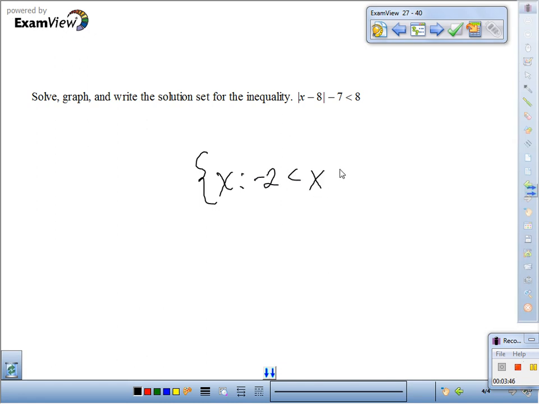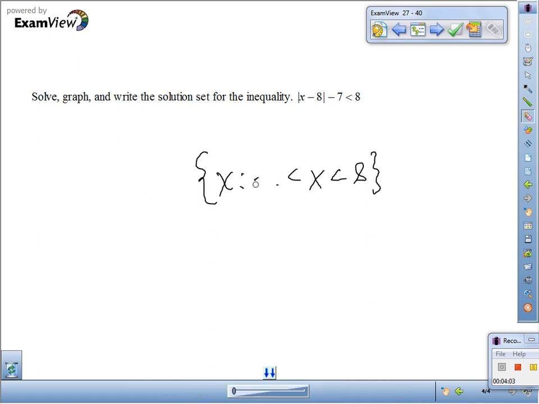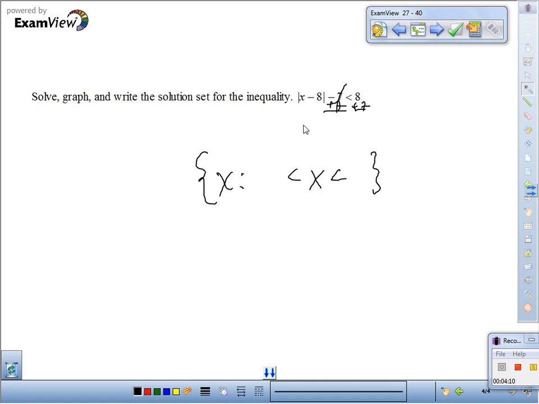Negative 2 less than x less than 8. No, this one was from yesterday, right? Okay, so from yesterday, if we add 7, that's 15, negative 15. This is negative 7 and 23.